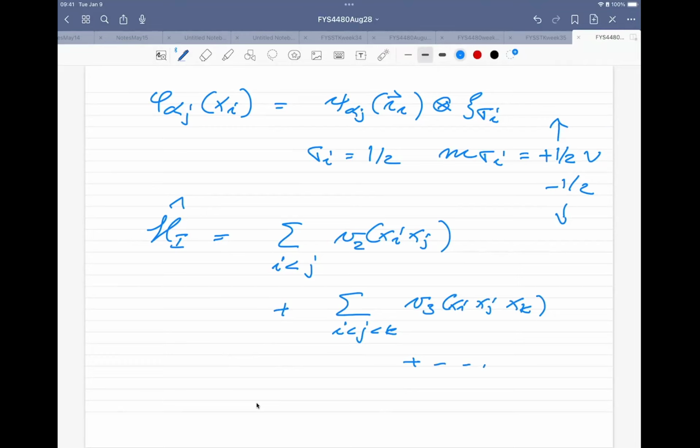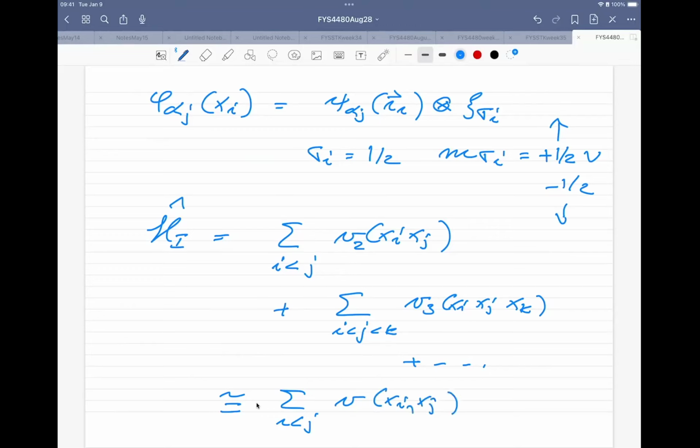But we are going to approximate everything with just a two-body interaction. This is the most common case you encounter. If you're coming from condensed matter physics, atomic physics, molecular physics, quantum chemistry, this is actually the standard approximation. So we are going to skip the subscript 2, and simply have V(x_i, x_j).